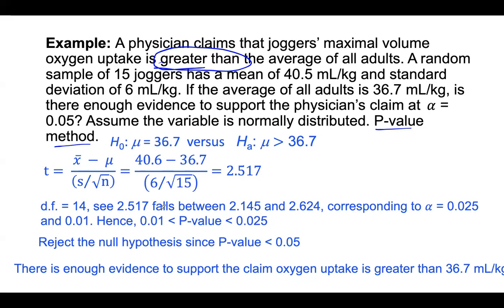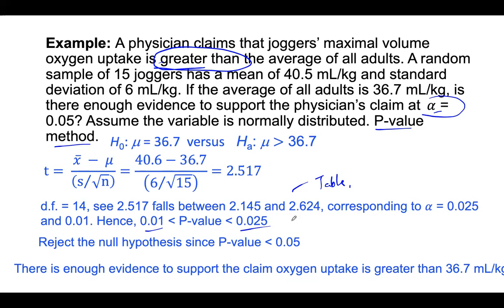So this falls between these two values in the table. So we just use that table here. Corresponding to the lower bound 0.01 and the upper bound 0.025, our p-value is somewhere in between the two.